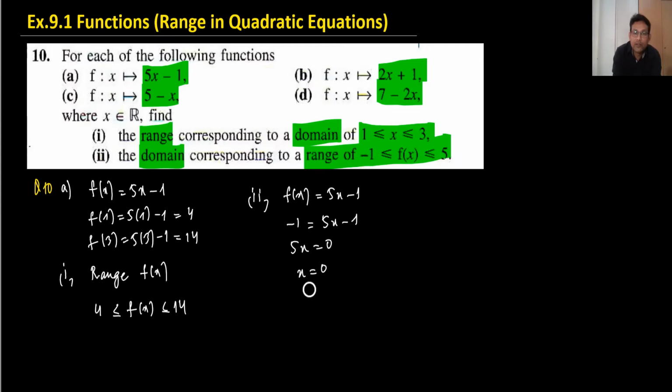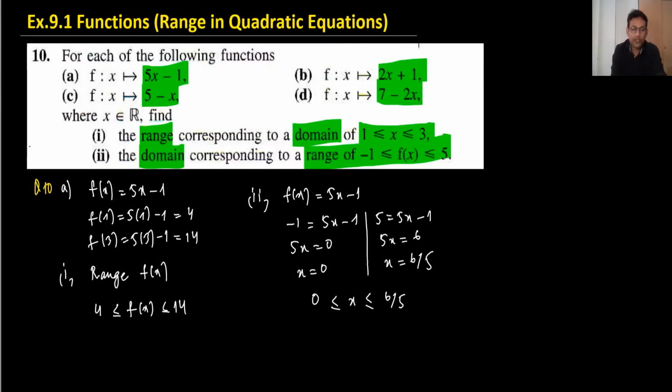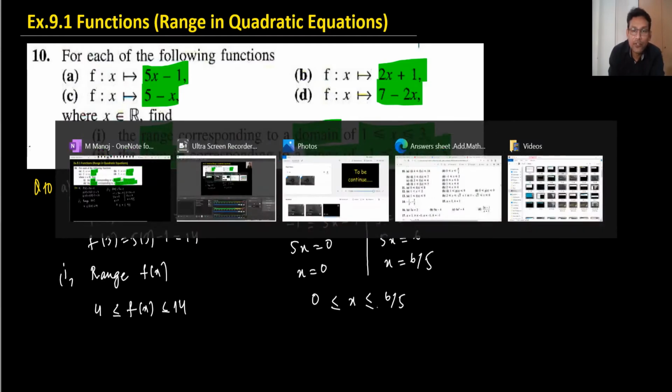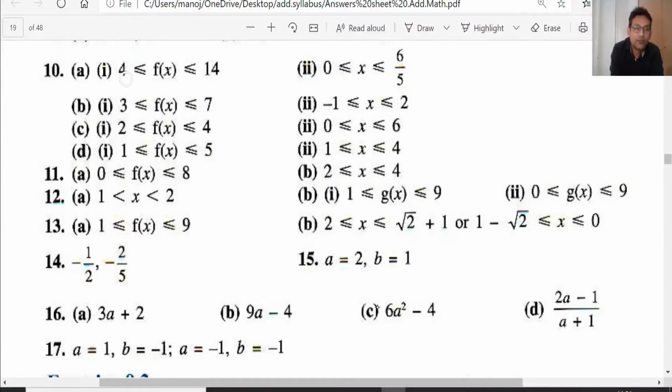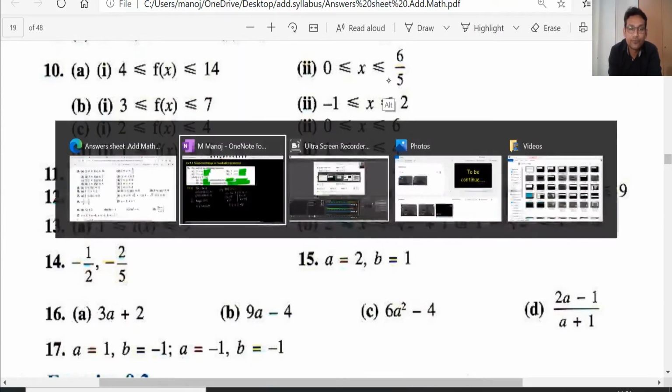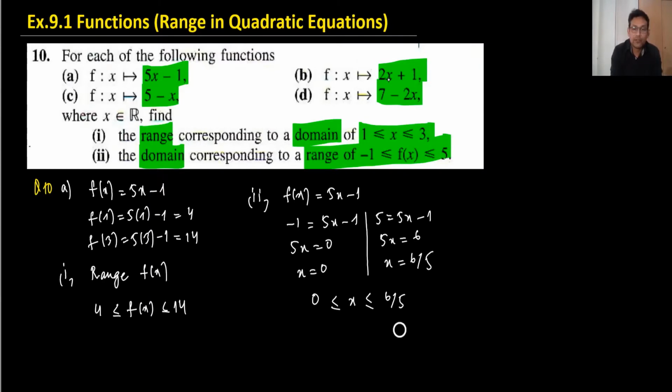And when we substitute 5, it's coming 5x is equal to 6 and x is coming 6 upon 5. So for the domain you can write the same sign, from 0 to 6 upon 5, and you can check the answer. The answer of the first part is 4 to 14 and 0 to 6 upon 5.